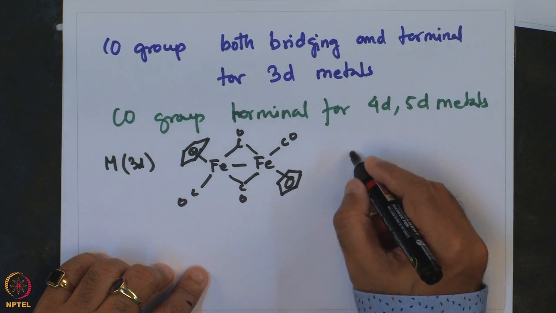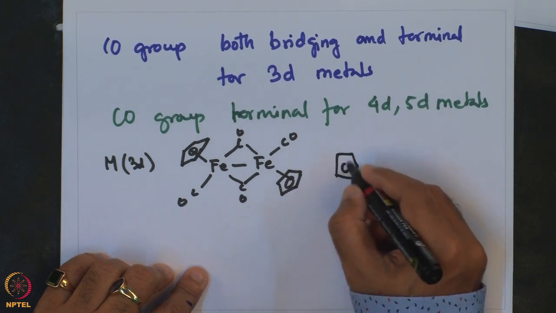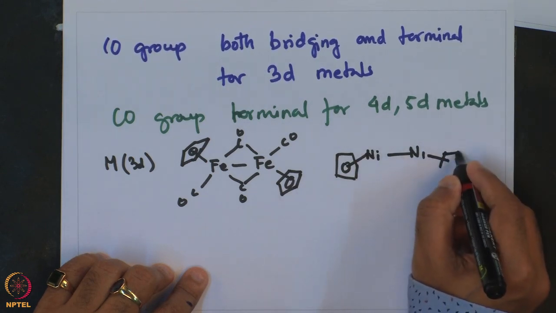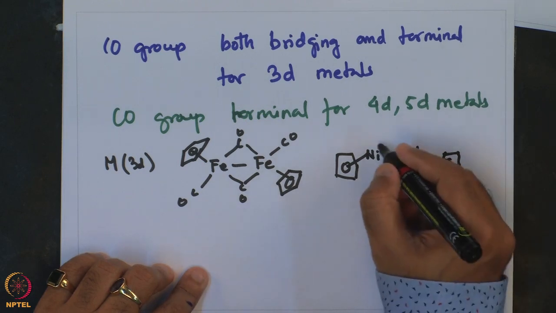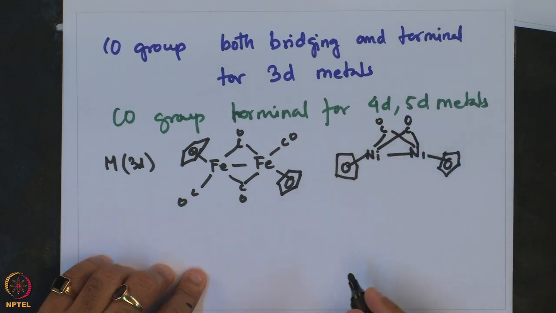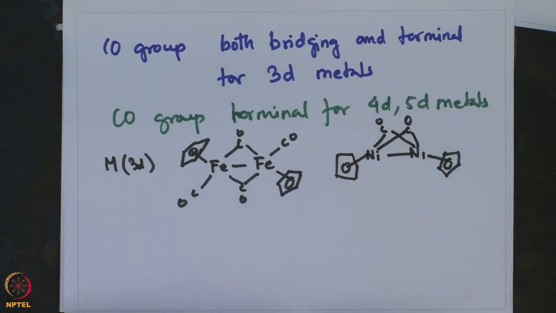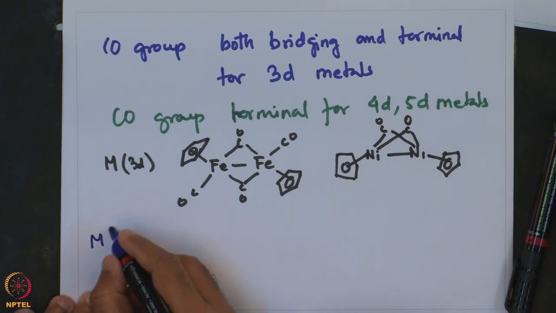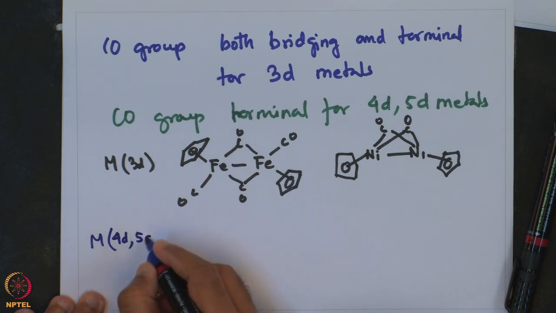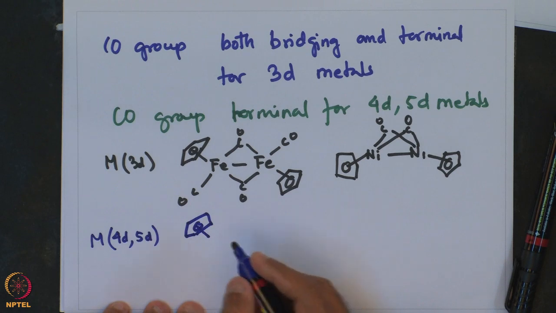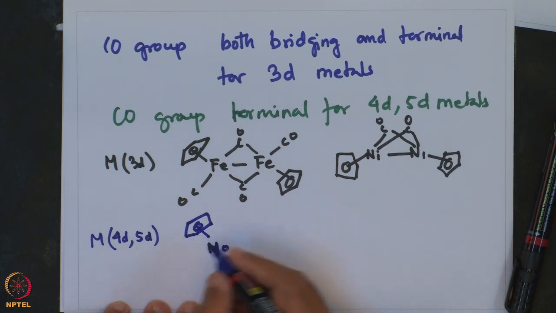Also, the nickel complex has the bridging, whereas when the metal is 4d or 5d, then it can act mainly as terminal carbonyls.